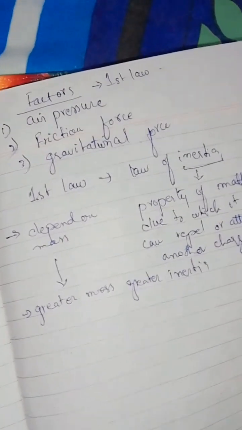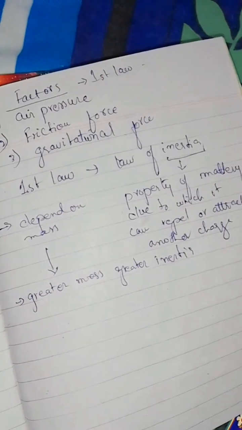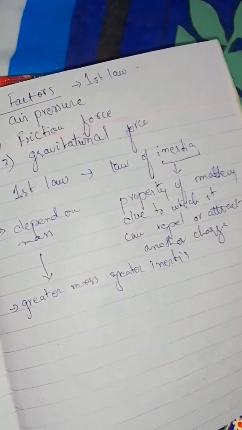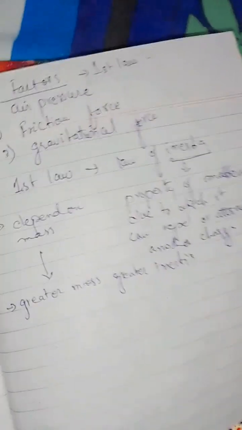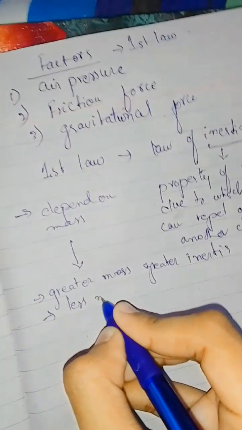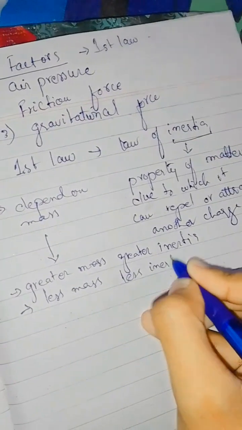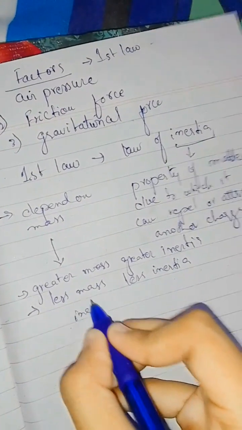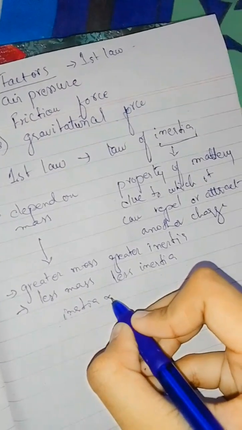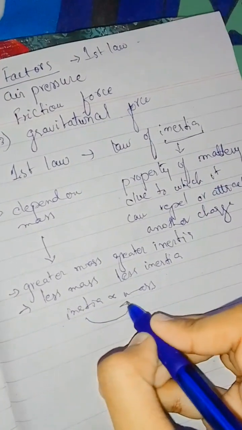What does it mean? If the body has a greater mass, we have to apply a greater external force on it, because it has greater inertia. If there is less mass, there would be less inertia. We can also write that inertia is directly proportional to the mass, or that inertia depends on the mass.